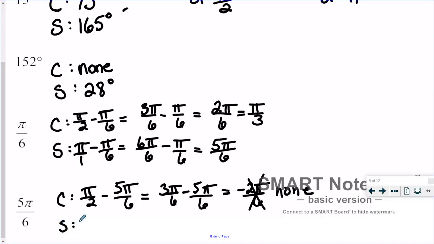For the supplement, we do pi minus 5 pi over 6. We actually basically did the opposite of that right up here. If 5 pi over 6 is the supplement of pi over 6, then obviously pi over 6 has to be the supplement to 5 pi over 6. So, good times there.